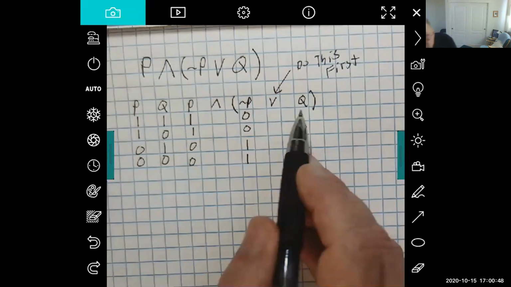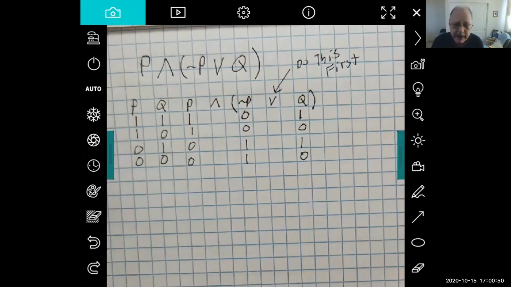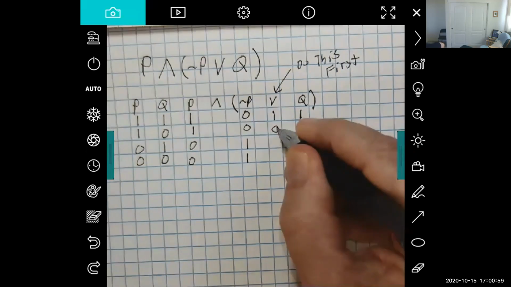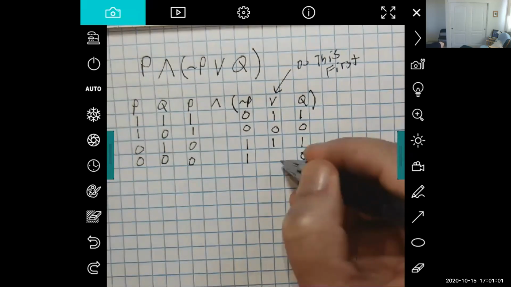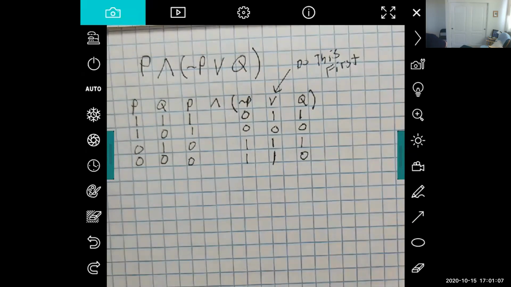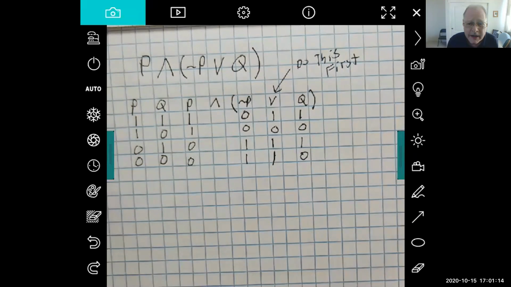So as long as either one of them is true, if one or the other is a 1, it's a 1. Okay, so I filled in the whole parentheses.